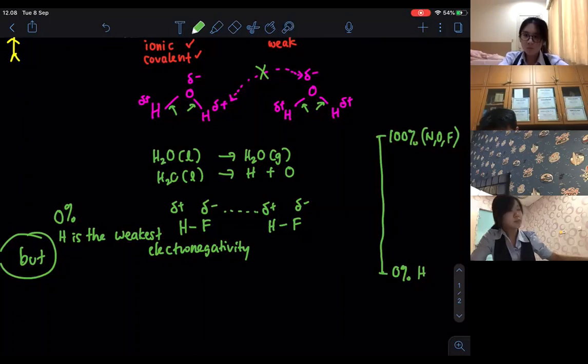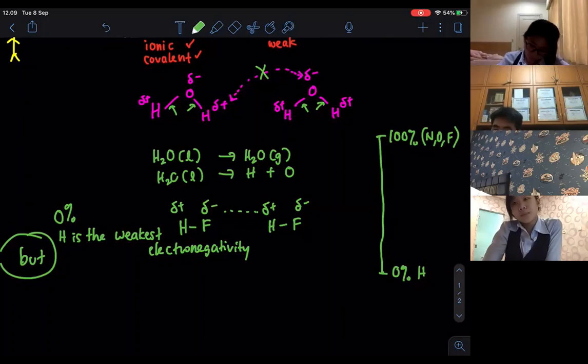NOF. They are considered to be the most electronegative elements in the periodic table. This one ranking number 1, number 2, number 3. So we select the first three.